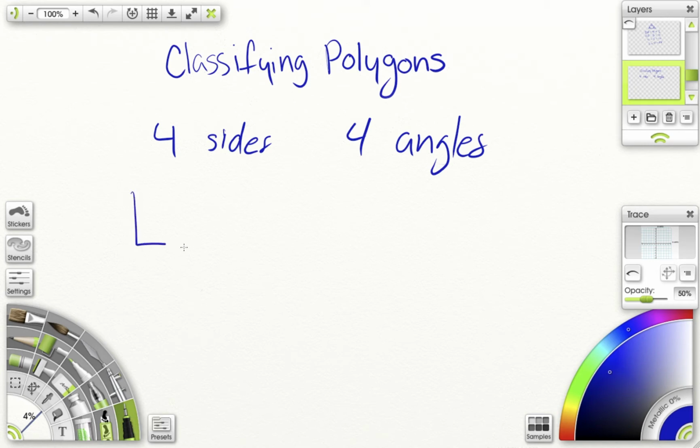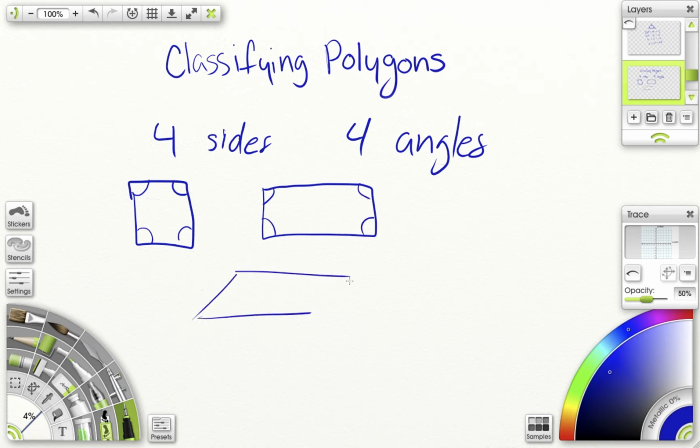Well, the obvious ones are squares, because it has 4 sides and 4 angles. 1, 2, 3, and 4. We have rectangles. 1, 2, 3, 4. What are some other 4-sided shapes that we know about? Well, we know about parallelograms.